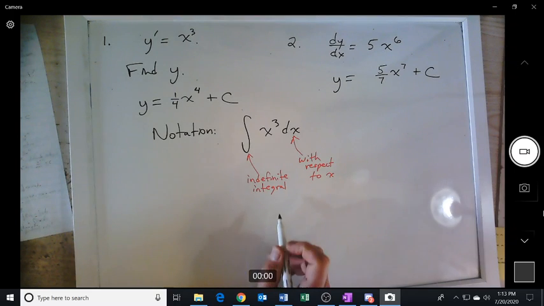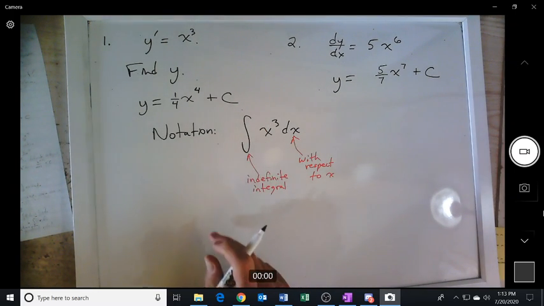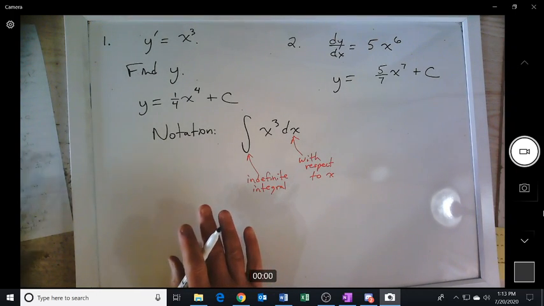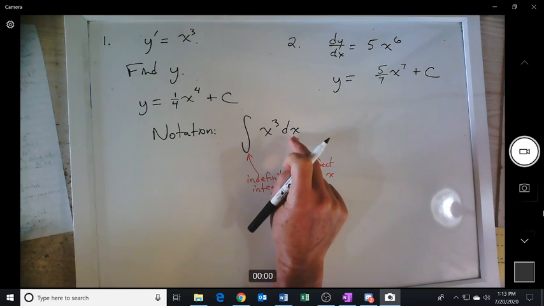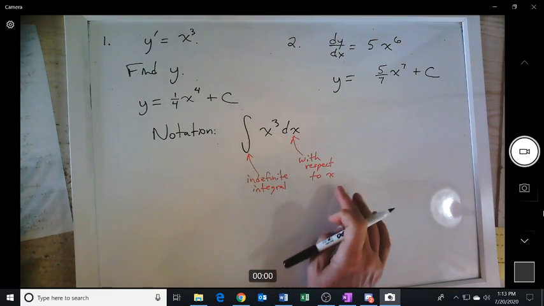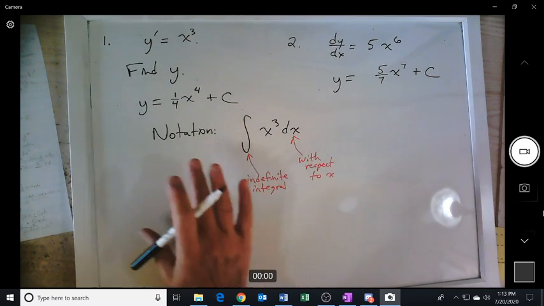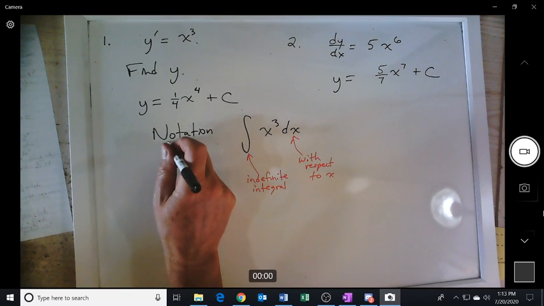We'll eventually see that it's supposed to look like an S, and it has to do with summing up some stuff. We're going to get to that eventually. And this dx is going to get more interpretation later on, but for right now, we'll just think of it as with respect to x. So this is the notation for indefinite integrals.